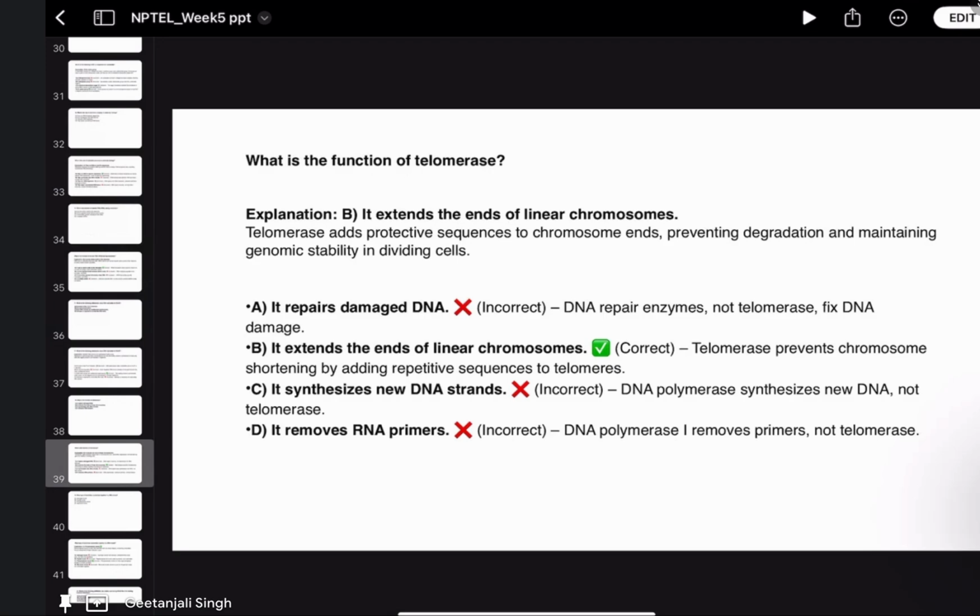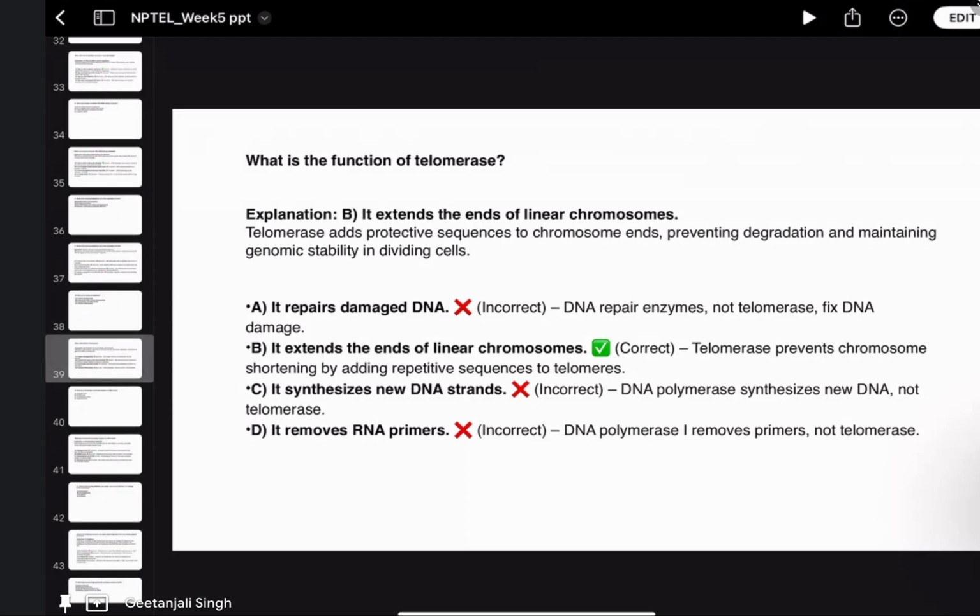It does not repair damaged DNA. DNA repair enzymes fix DNA damage, and telomerase has nothing to do with it. The synthesis of a new strand of DNA is done by DNA polymerase, and it does not remove RNA primer. DNA polymerase does that.